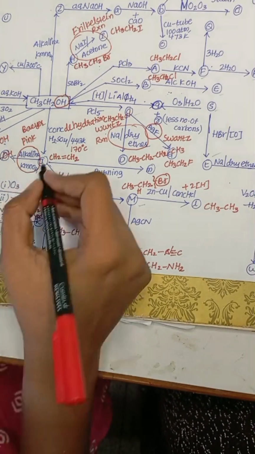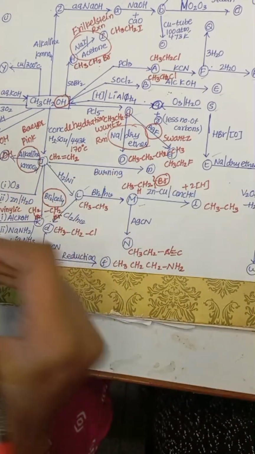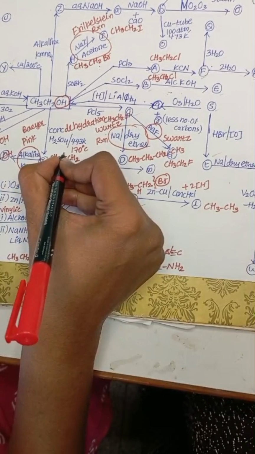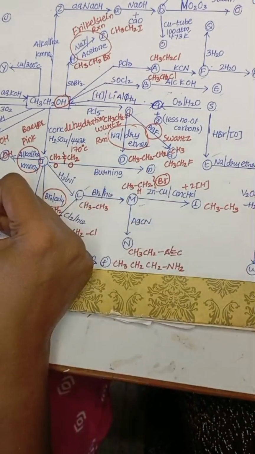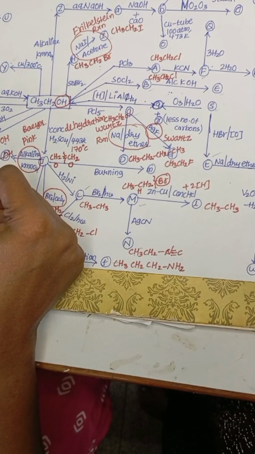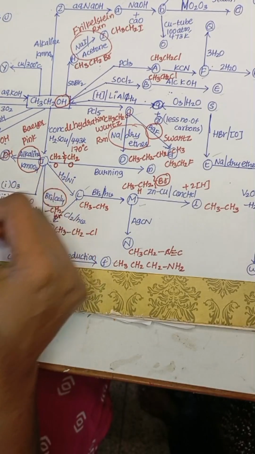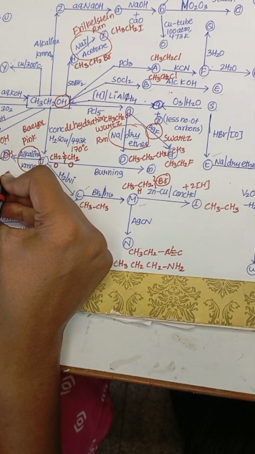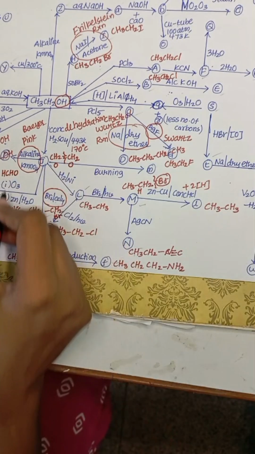Coming to ethene, if it undergoes ozonolysis, it forms the unstable ozonoid. Later it undergoes hydrolysis and forms carbonyl compounds. This carbonyl compound here is formaldehyde.